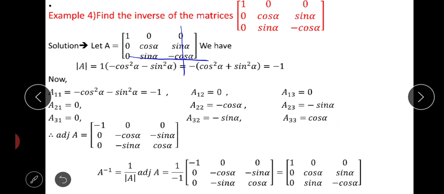Therefore you have to find the adjoint of the matrix. The adjoint of A is the transpose of the cofactor matrix, so you write the first row in the first column: minus 1, 0, 0.